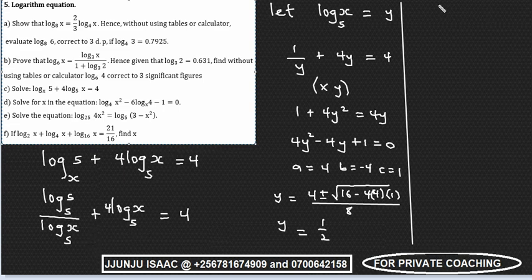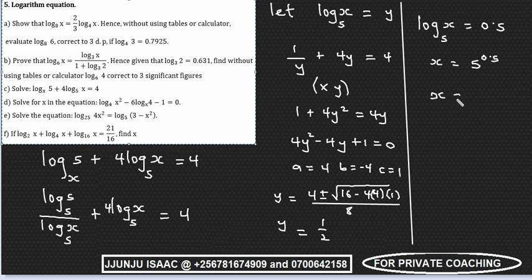Remember, we had log base 5 of x equal to y, and our y now is 0.5. So eliminate, or find the antilog of, log base 5 on both sides. Then we shall have x equal to 5, as the base, to the power 0.5.